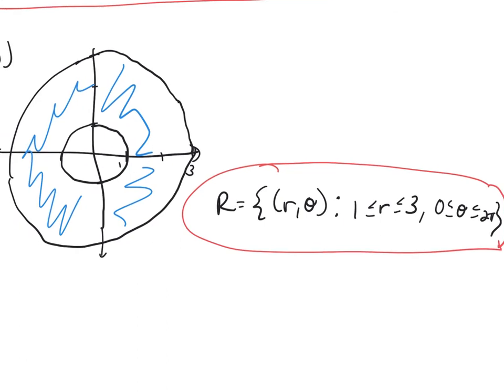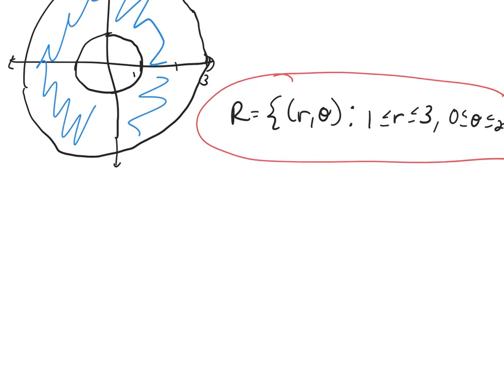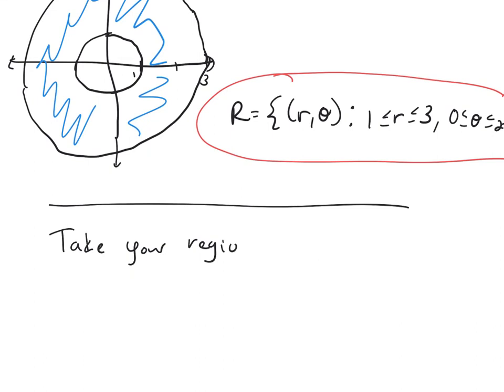So now that we've talked a little bit about how to write regions in polar coordinates, let's talk about how to take your double integrals and switch them into polar. The first thing you're going to do is what you did in the previous example. You're going to take your region R and convert it to a polar region.